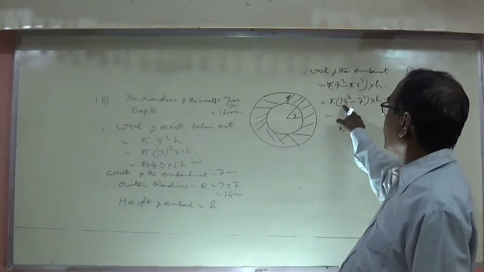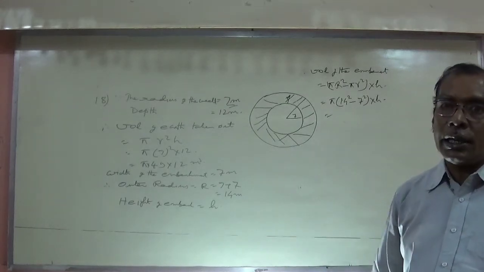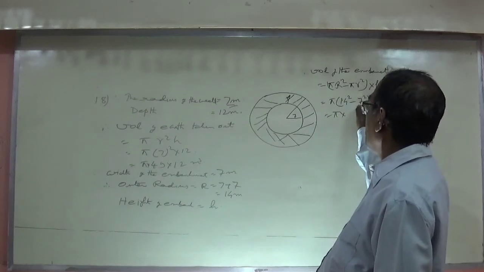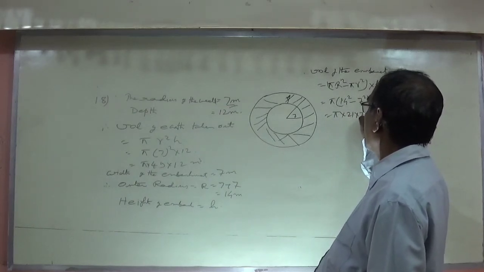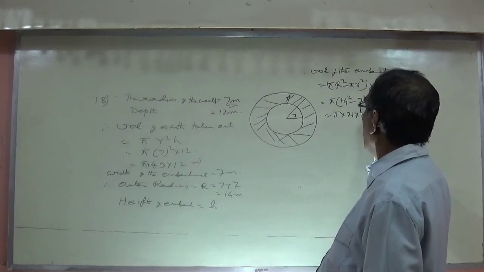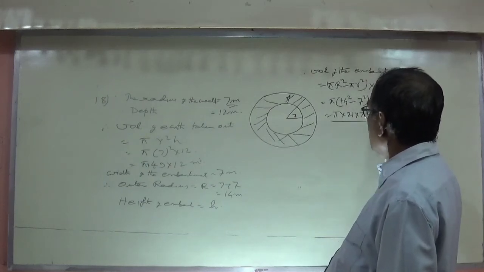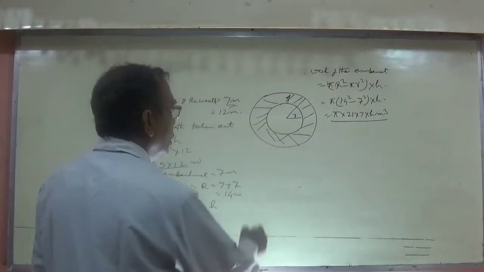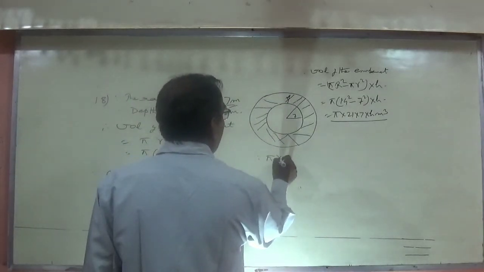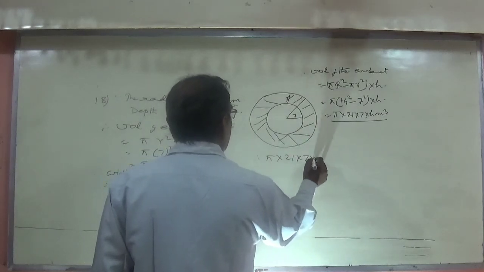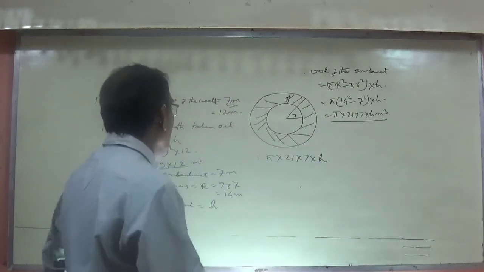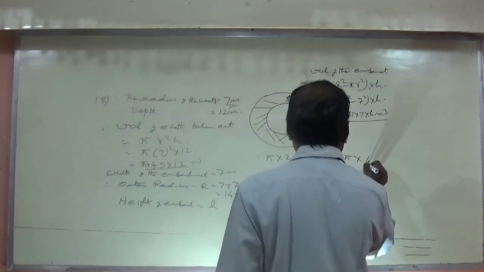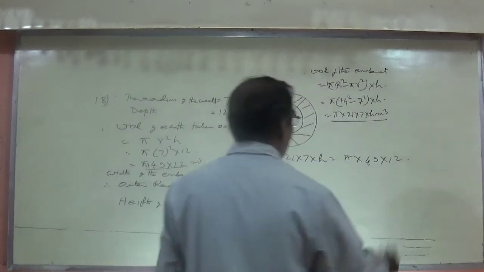Now it is in the form of a square minus b square, which is a plus b into a minus b. That is 14 pi into 14 plus 7 is 21, 14 minus 7 is 7, into h meter cube. And the volume of this embankment and the volume of the earth taken out must be equal. So therefore, pi into 21 into 7 into h is equal to the volume of the earth taken out, which is pi into 49 into 12.